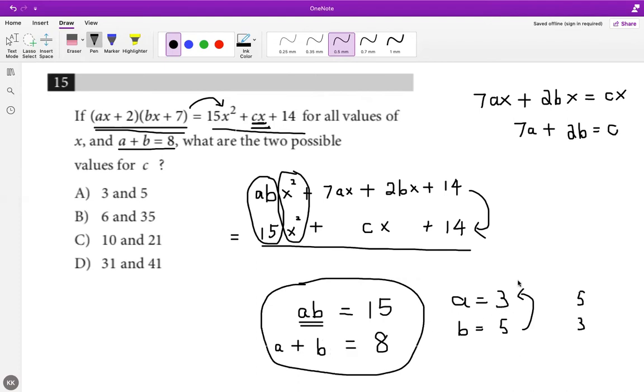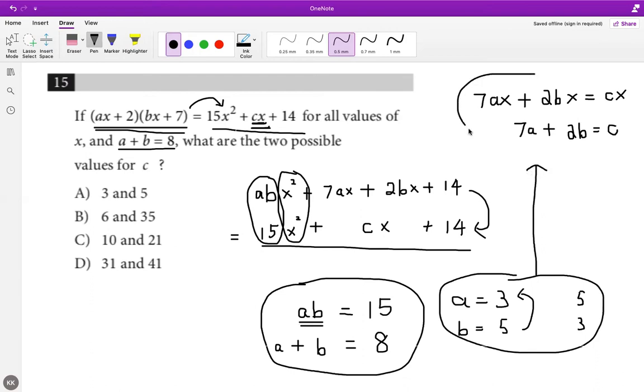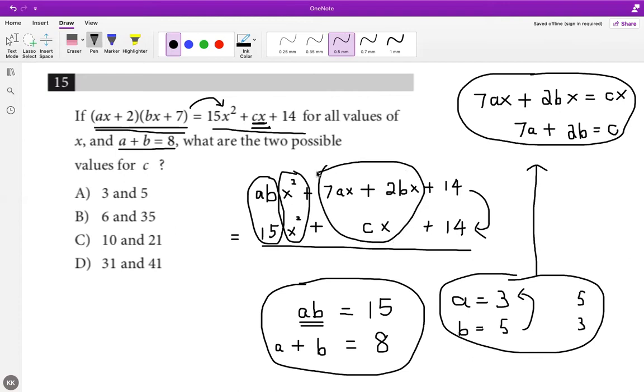Okay, so if I know these two solutions, I can plug them into this format right here. How do I get this? Just compare this for a second. I know that abx squared equals 15x squared. 14 equals 14, so the remaining portion should equal cx.